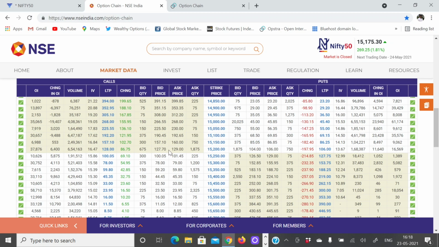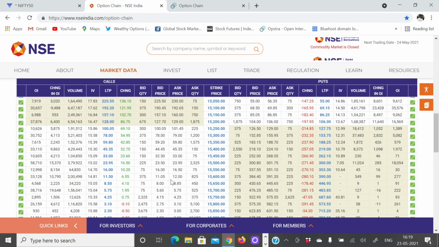The difference will be only in paise, not even in rupees, because it's a current month contract which is going to expire in just 5 or 6 days. As you can see from this option chain, all the OTM options are liquid, so you can comfortably trade any of these options contracts even with a market order.